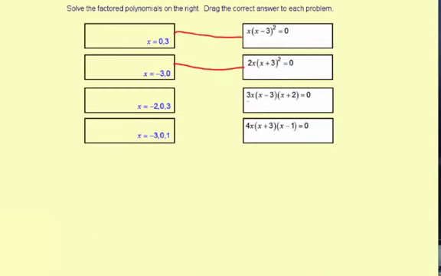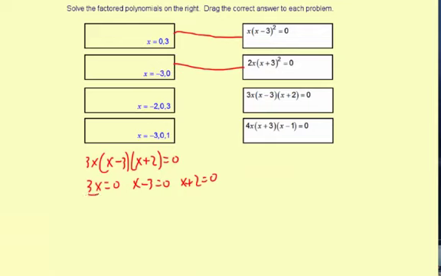Okay, let's look at this next one. We have 3x times (x minus 3) times (x plus 2) equals 0. So I'm going to use the zero product property. I'm going to have 3x equals 0, x minus 3 equals 0, x plus 2 equals 0.